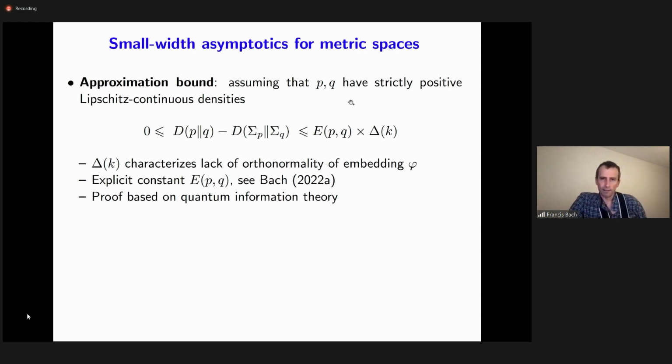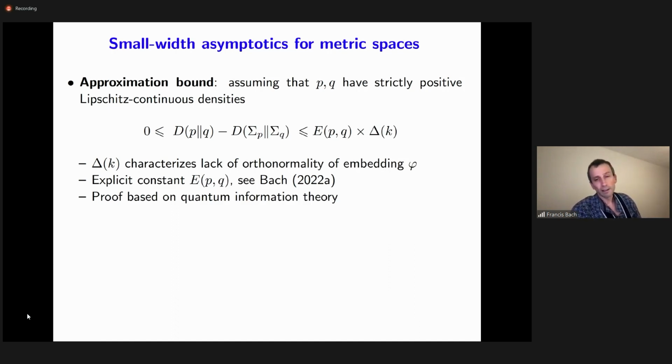What you can show is that, if you take now P and Q, you have to put some assumptions. So for simplicity, I'm assuming strictly positive densities with respect to a joint uniform measure of some kind. Then I can show that the difference between D(P,Q), the true relative entropy, and the new one, is always non-negative because of the previous slide, and is less than a product of 2 quantities: one depending on the regularity of P and Q, and one characterizing how far the embeddings are from orthonormal.